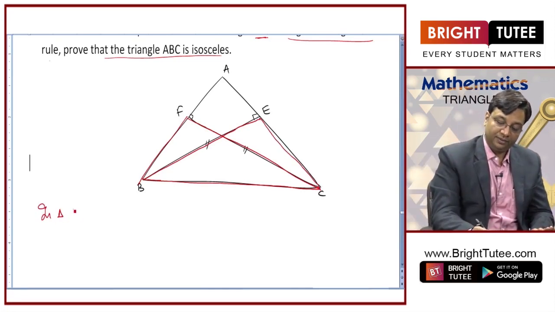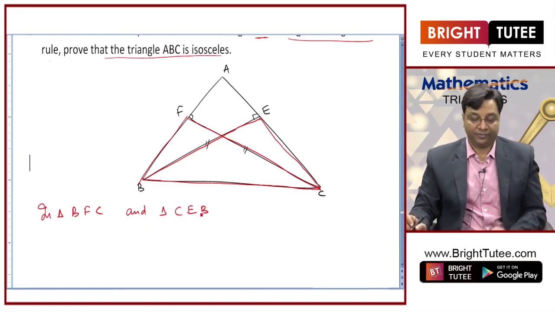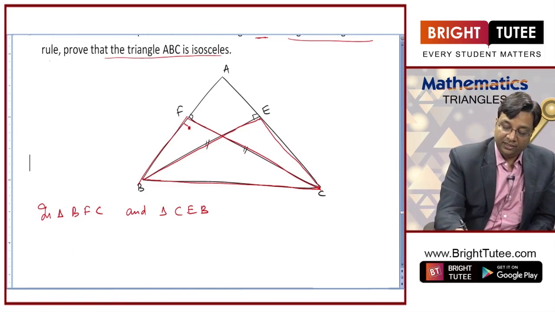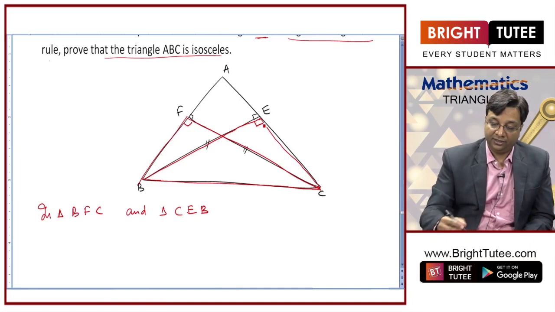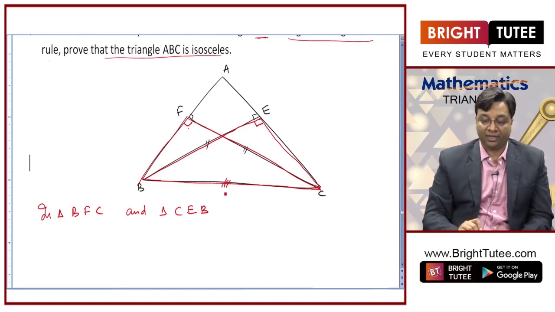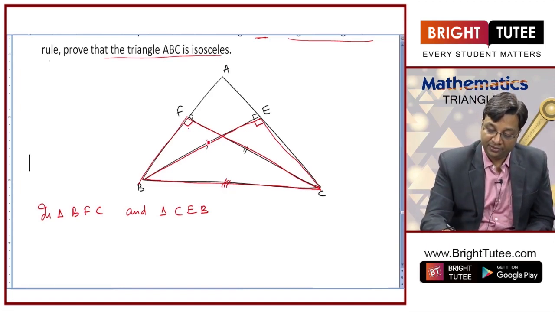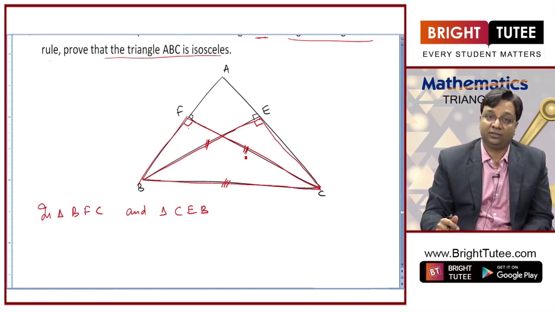In triangle BFC and triangle CEB, this angle is 90 degrees and this angle in the triangle CEB is 90 degrees. The opposite side to 90 degrees, that is hypotenuse, is common to both the triangles, right? And there is a side which is given as equal in both these triangles. So, by RHS congruence rule, I can say that these two triangles are congruent.